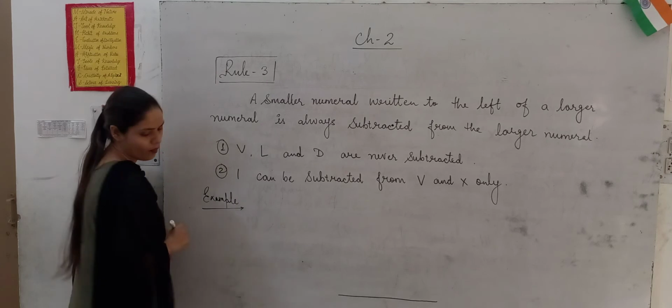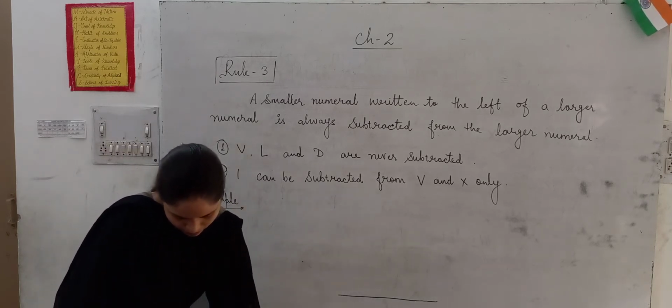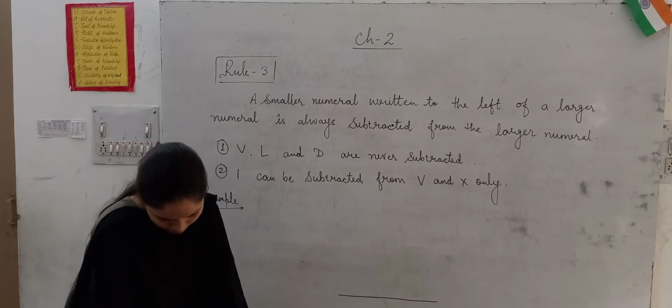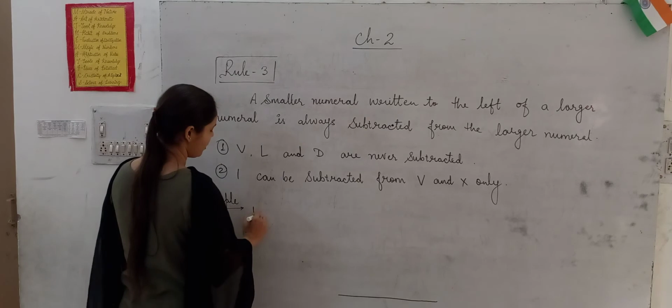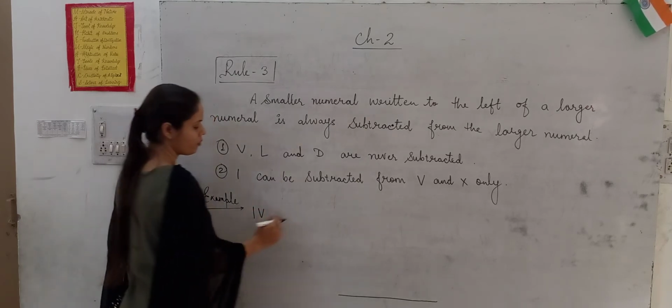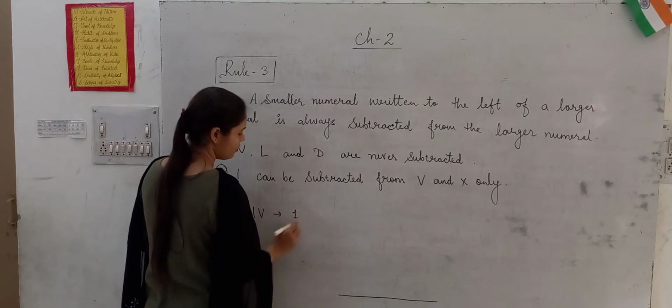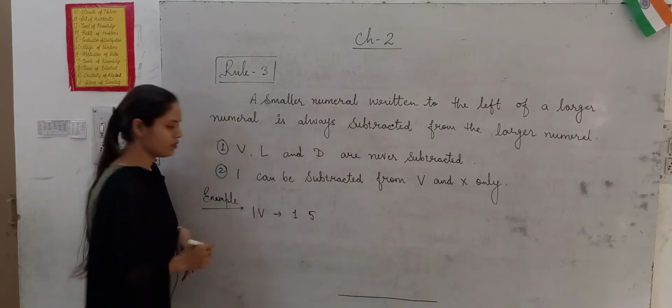Example: I and V. I represents 1 and V represents 5.